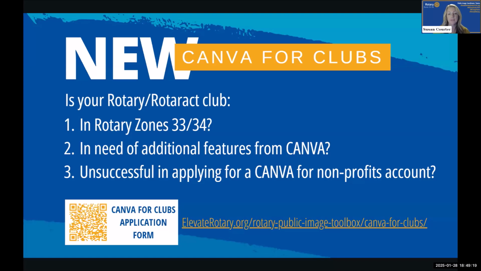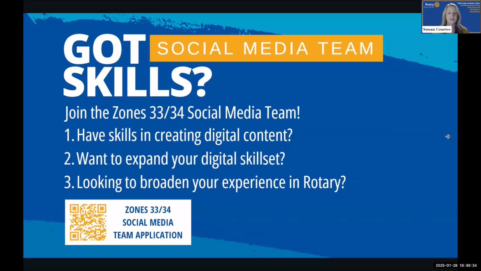And then we're happy to offer you a seat for the pro account for the next year, and then we'll reevaluate those seats every year and offer them to clubs who need them. But we talk about Canva all the time, and we want to make sure the clubs who are hearing us talk about it can utilize it as well.